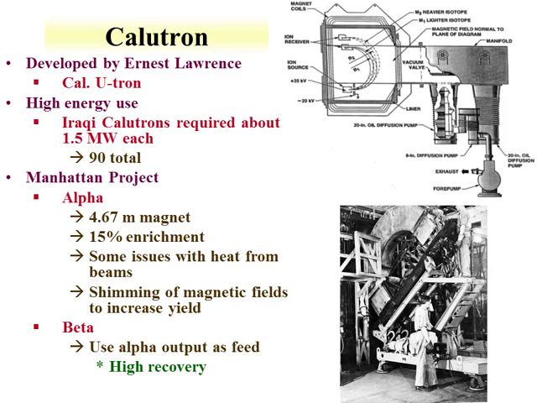In Iraq, they were developing calutrons, and they required a great deal of energy. During the Manhattan Project, the calutrons shown here, there were two, an alpha and a beta. Here's an example of the calutron. Here's a schematic of the calutron.